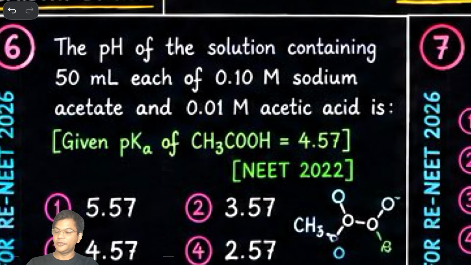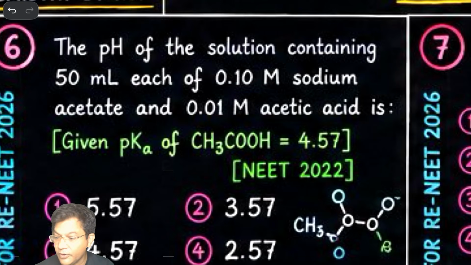Whose concentration is more? Salt is 0.1 and acetic acid is 0.01. That means acid concentration is less and salt is more. One is 10 to the power minus 1, one is 10 to the power minus 2.